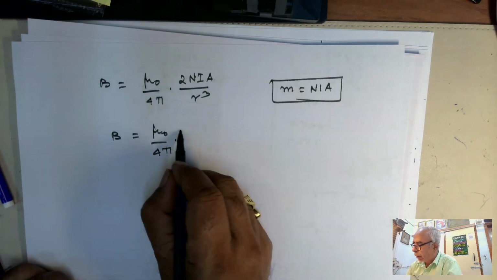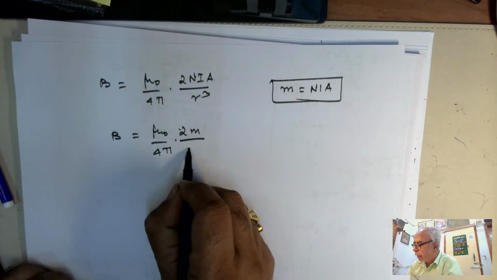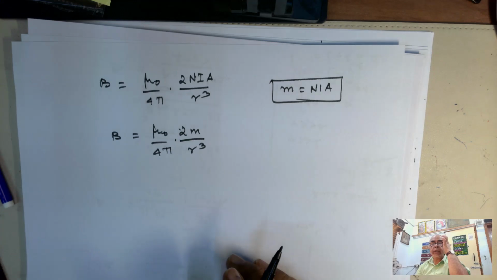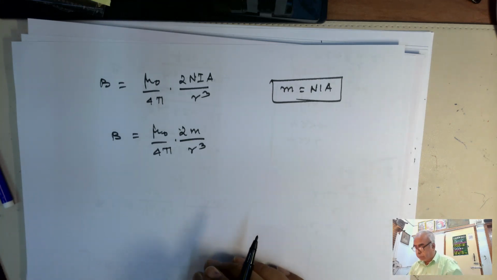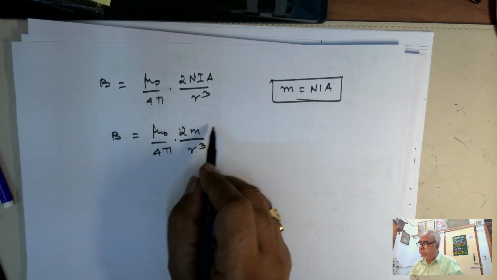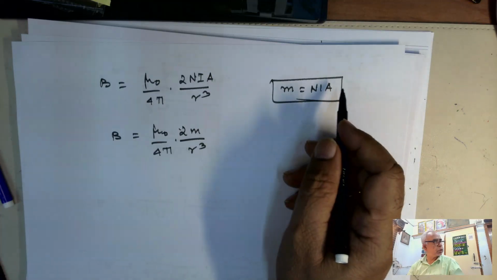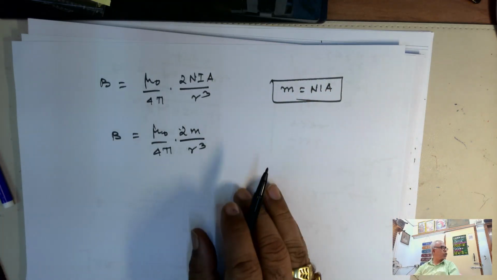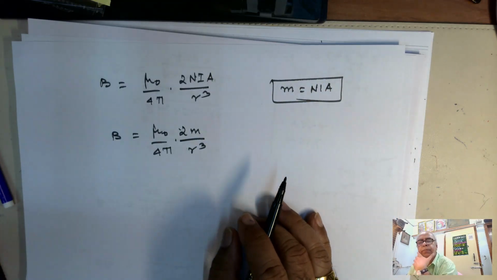NIA is M. So 2M divided by R cube. So magnetic dipole moment is also in terms of NIA for solenoid.